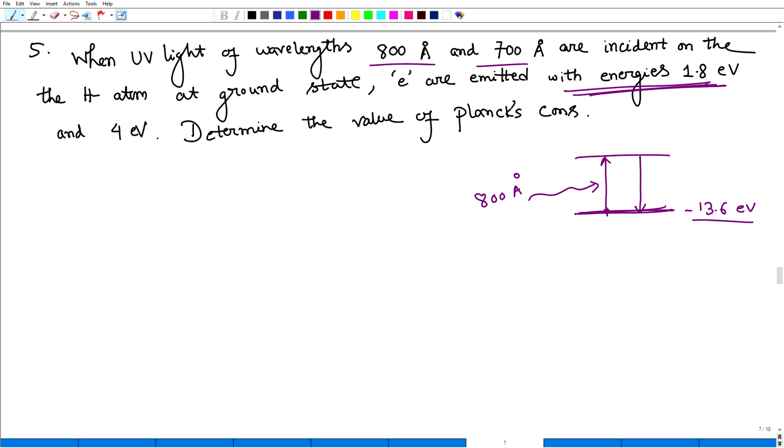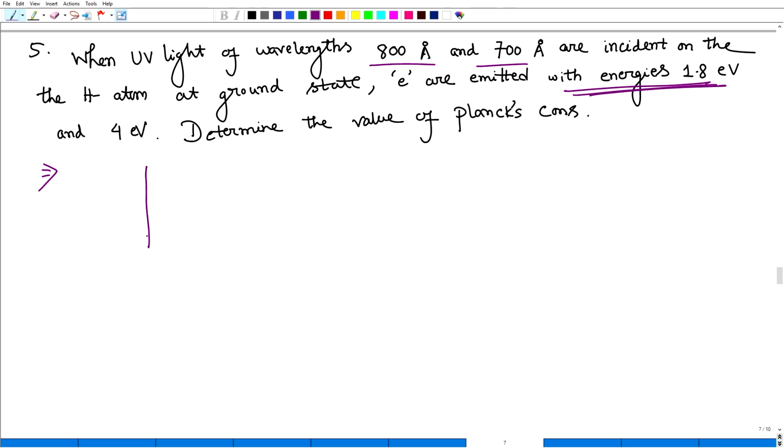Let me just draw a figure, then it will be easy to understand. Let us say this is a metal, here it is actually the hydrogen atom.